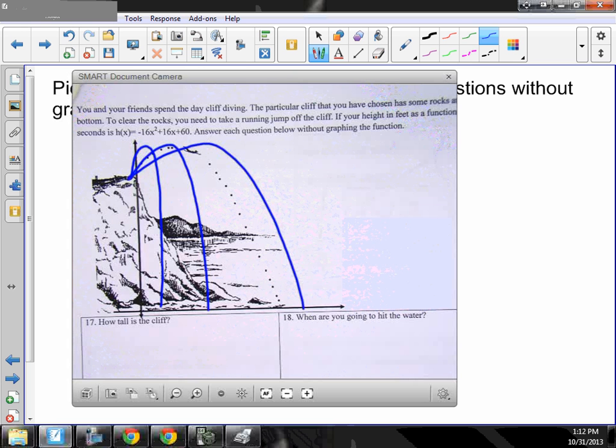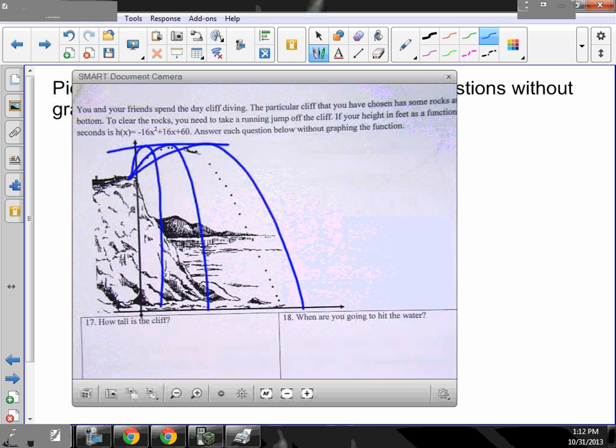As long as the height is the same, then the point that you hit the ground. Right, if I jump this high and you jump that high, I'll hit the ground first. Yeah. But as long as these heights are the same, then everybody hits the water at the same time. Now, having said that, there is a picture there of a guy clearing the rock.